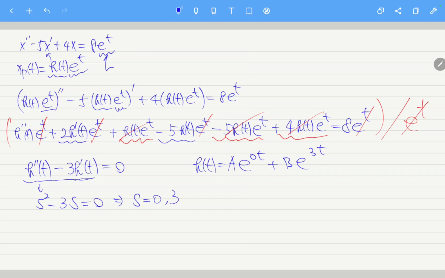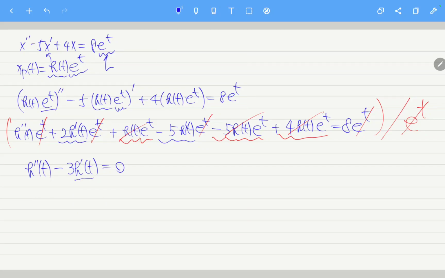Or maybe we can do another thing, which is that we just integrate on both sides. So for the left side we have second derivative, first derivative, so it turns out to be h prime of t minus 3h of t, and then it is a constant.